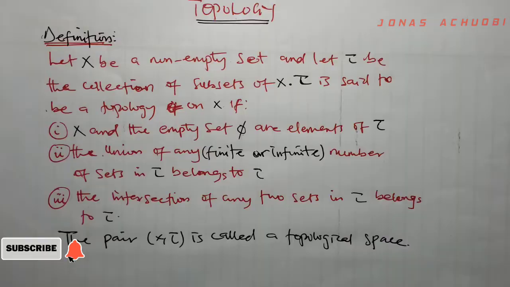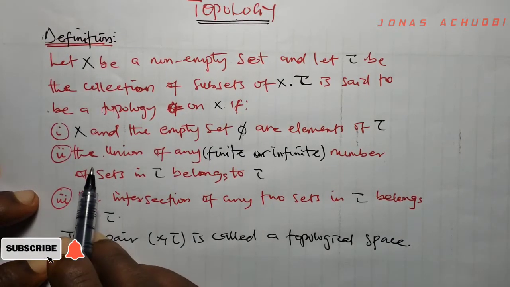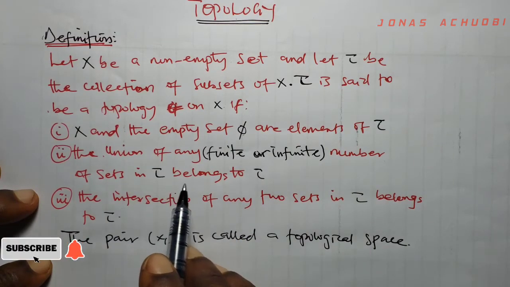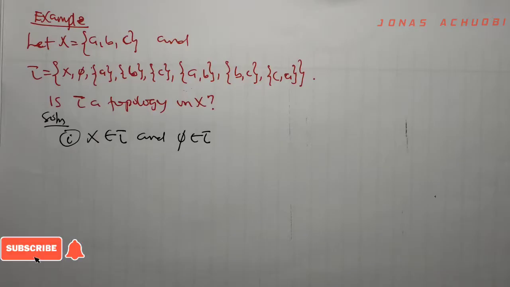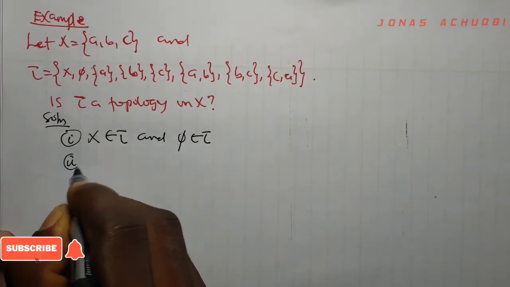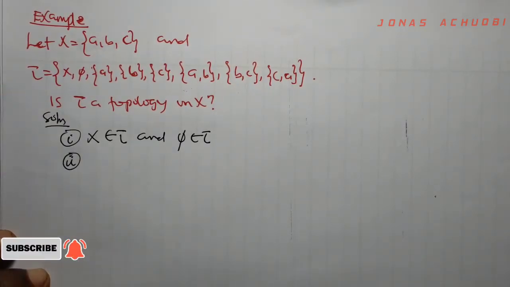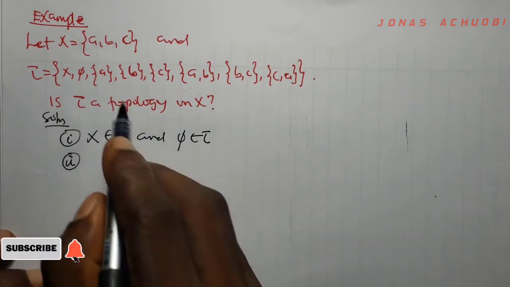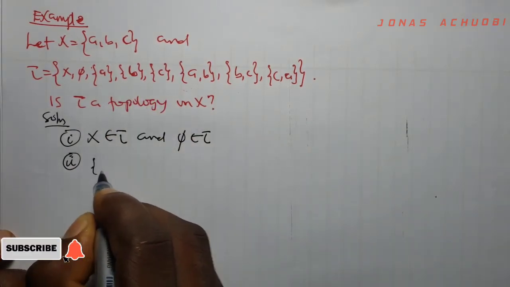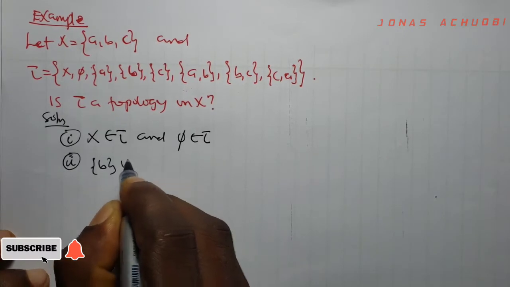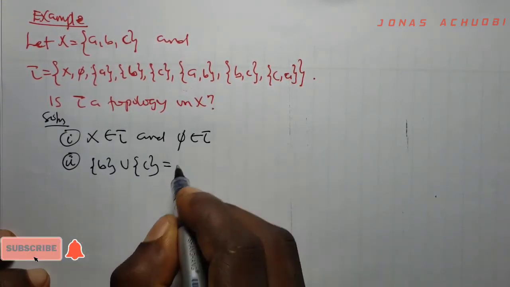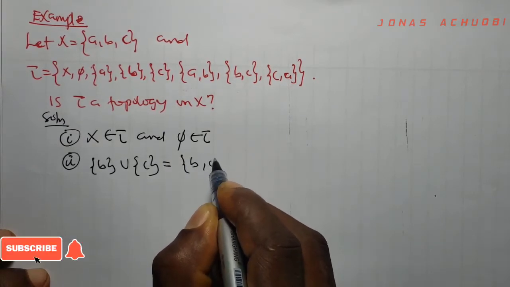We now check for the second condition. The second says that the union of any number of sets in tau must belong to tau. So if we take any two unions of open sets here, let us see what happens. Let us take any arbitrary ones. We'll take B and C, for example. B union C. The union of these two open sets gives us BC.